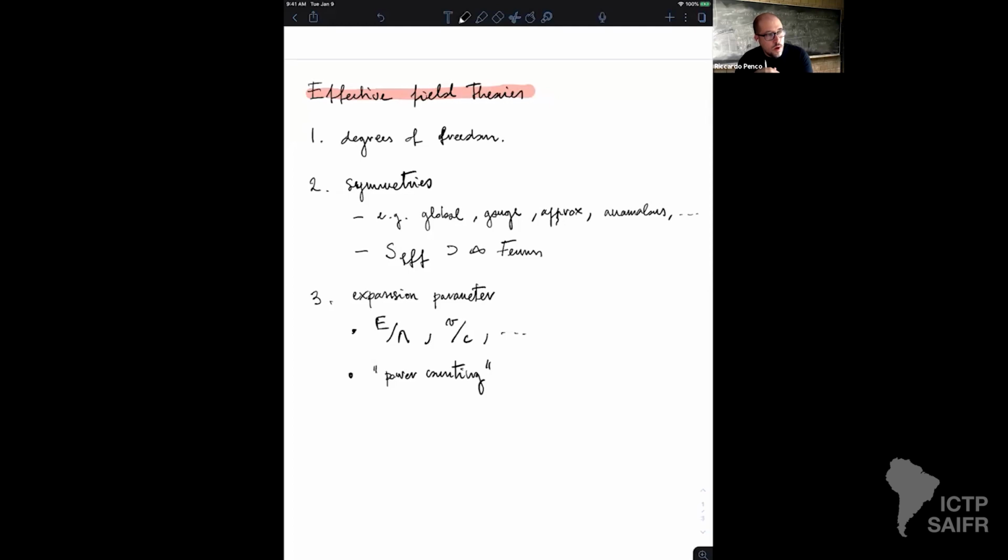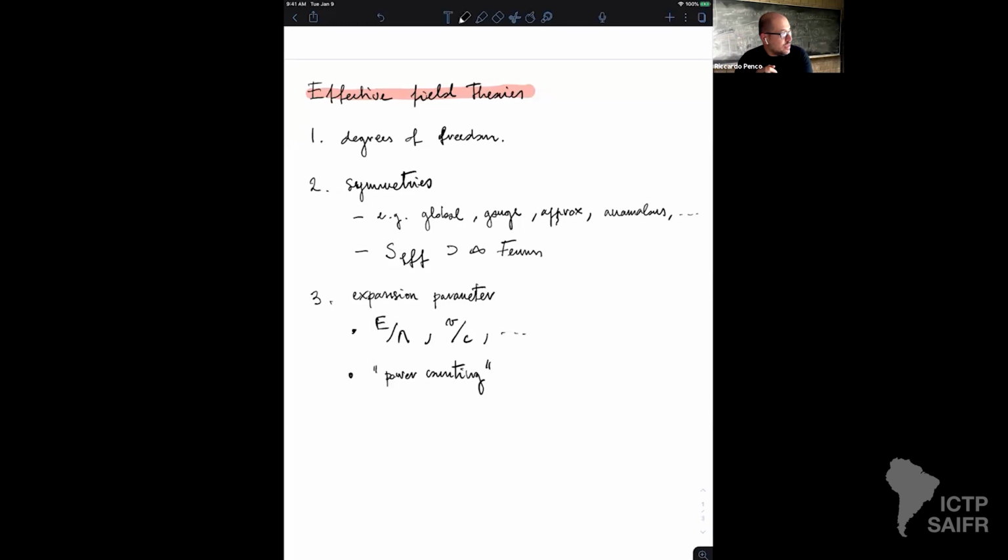One advantage in particular that we will discuss hopefully today is a little more technical. When you calculate loop diagrams in a field theory, if your field theory has many different scales, you might encounter logarithms of the ratios of the scales. If these scales are widely separated, these logarithms might become large and might worsen the accuracy of any perturbative calculation you do.